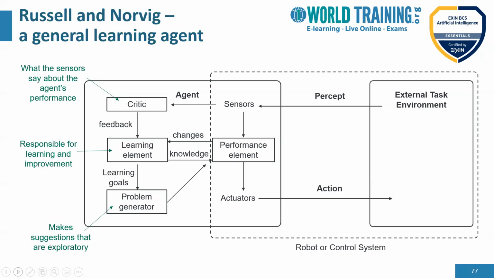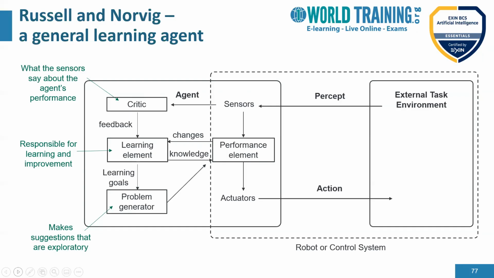In the agent, you have the element of critic. The critic captures the input from the agent and provides feedback to the learning element. The learning element is basically responsible for learning and overall improvement of the agent.